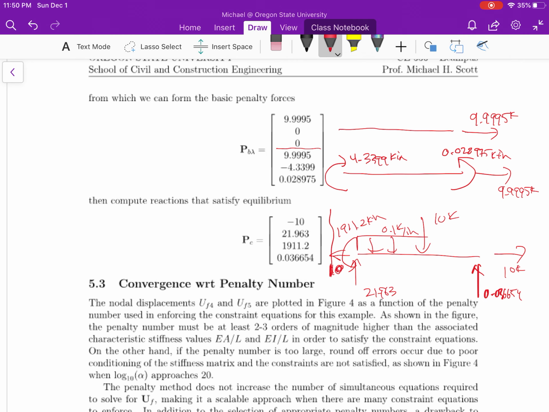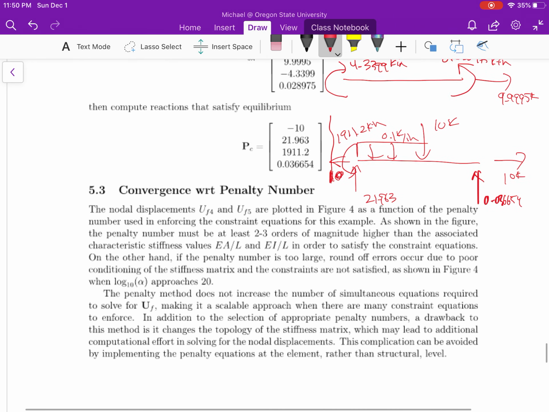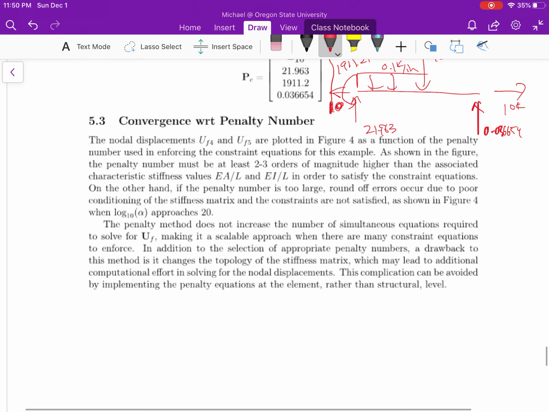All that equilibrium should check out. So as you get to higher and higher penalty numbers, we converge to the theoretical solution.